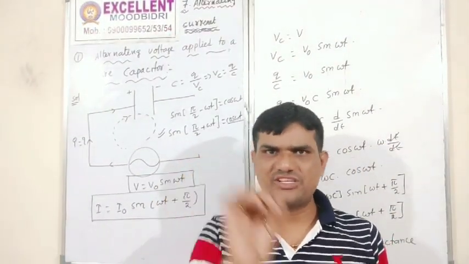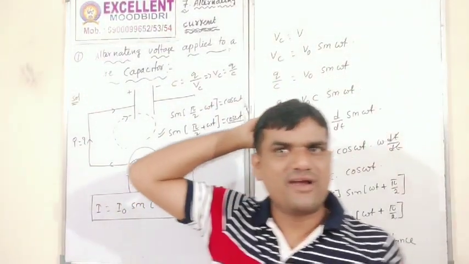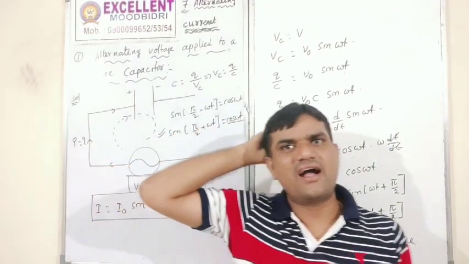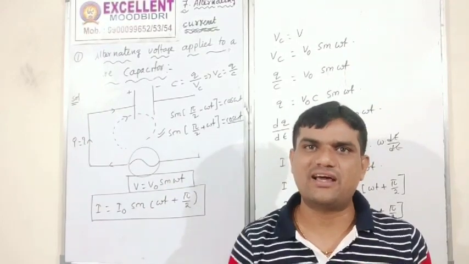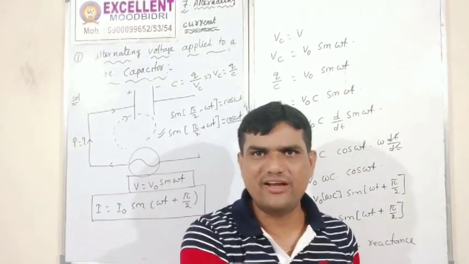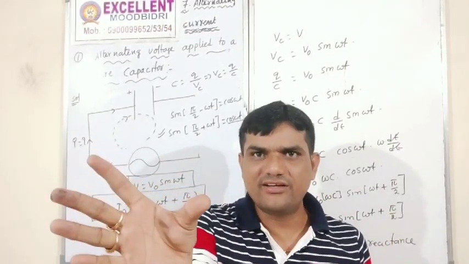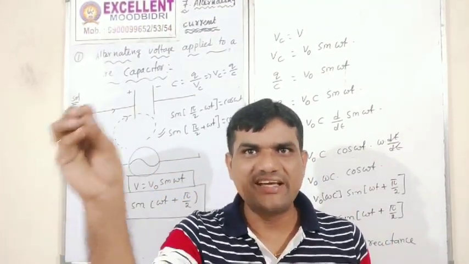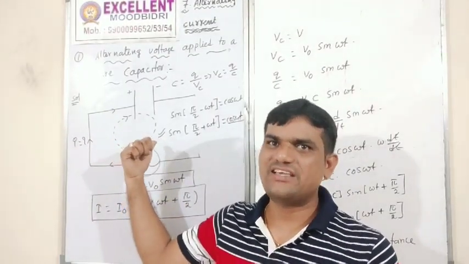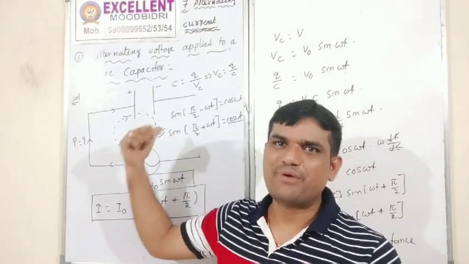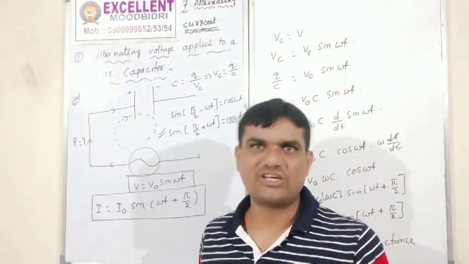So in the question they will ask directly. Sometimes they won't ask about a pure capacitor like that, they will ask lag and lead. Current lags means inductor, current leads means capacitor; or else voltage leads means inductor, voltage lags means capacitor. Voltage lags in the capacitive circuit, current leads in the capacitive circuit.